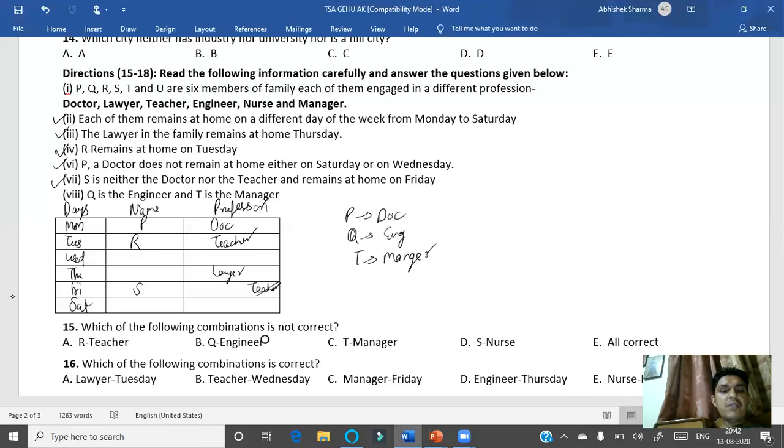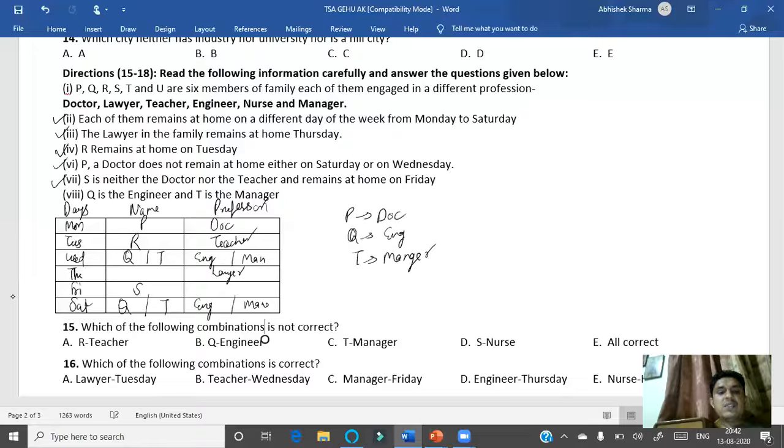Now we are left with two people, Q and T, where Q is an engineer and T is a manager. So friends, it is very obvious that we are left with two places. If Q is here, Q will be an engineer, and if Q is there, Q will be an engineer. Likewise, if T is on Wednesday, T will be a manager, and if T is on Saturday, T will be a manager, right?